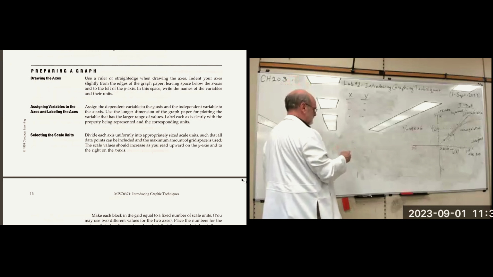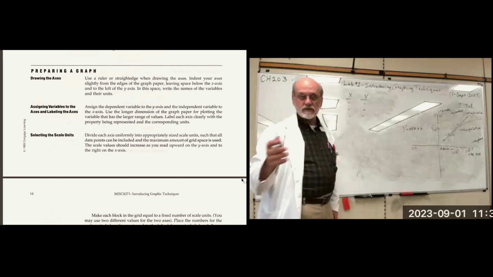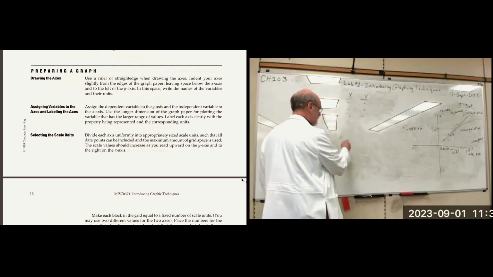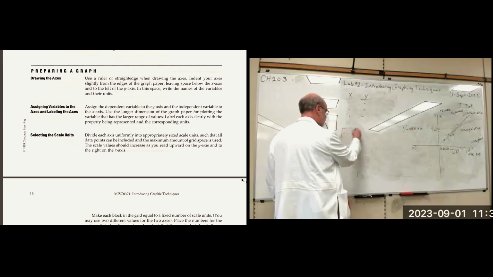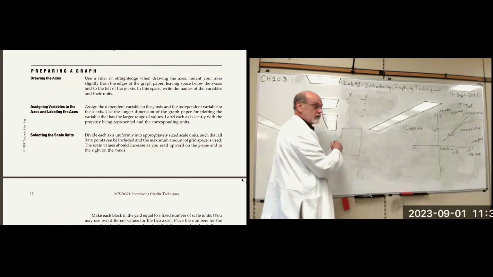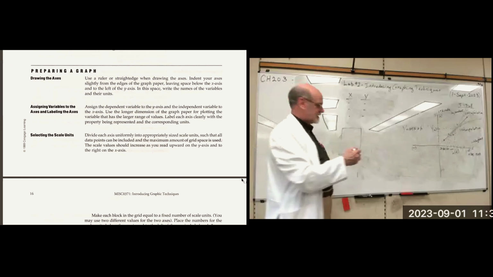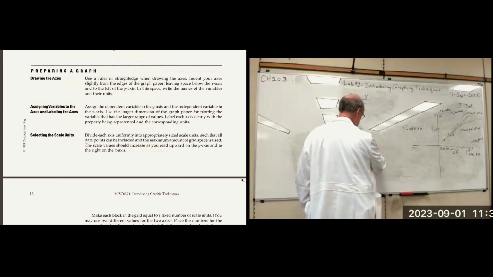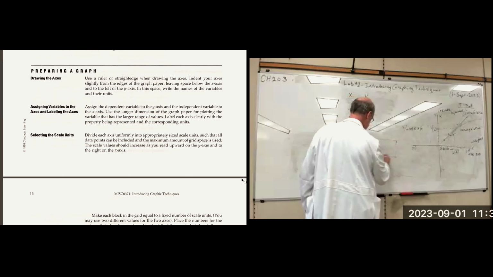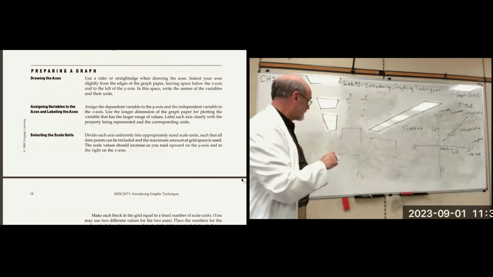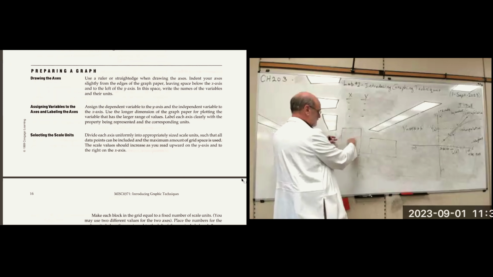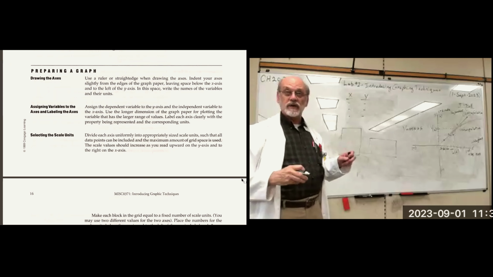Well, a sheet of paper, like the ones that are in your lab, you can either put them like this, which is called portrait orientation, or you can turn it 90 degrees, landscape. And you've still got the square grids there to work with.